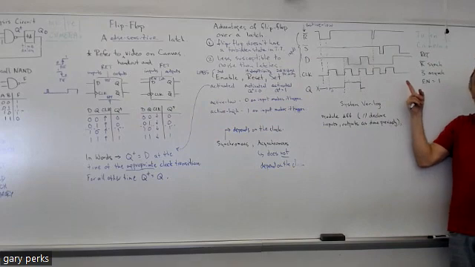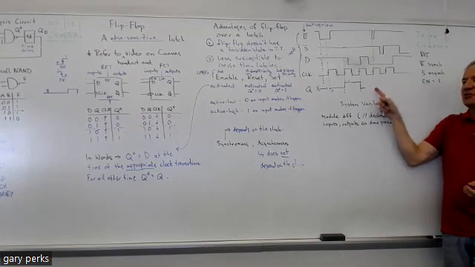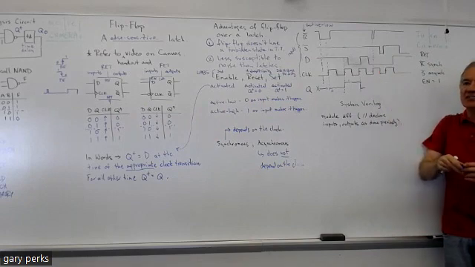See, this would be ambiguous, right? We wouldn't know what that output is, because we wouldn't know whether it was resetting or taking the value of D. And like I said, flip a coin, 50% of the time it would probably reset. The other 50% of the time it probably would take the value of D.